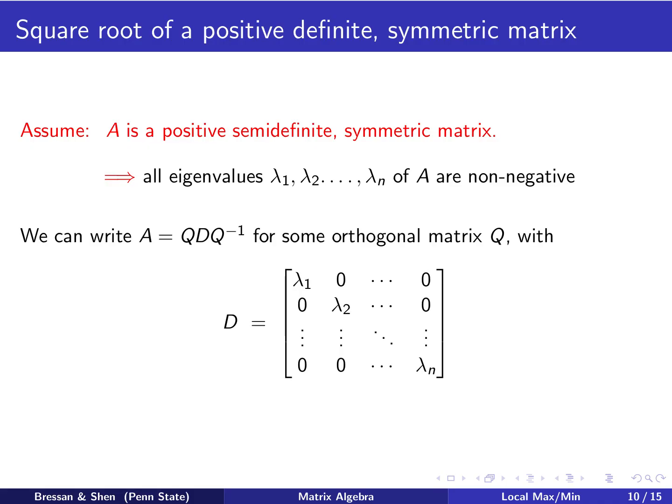In this case, we know we can write A as Q times D times Q inverse, where Q is some orthogonal matrix, and D is a diagonal matrix where on the diagonal we have all the eigenvalues of A.